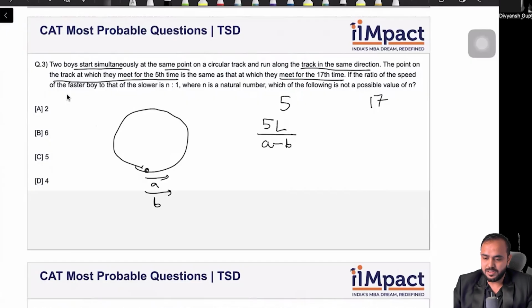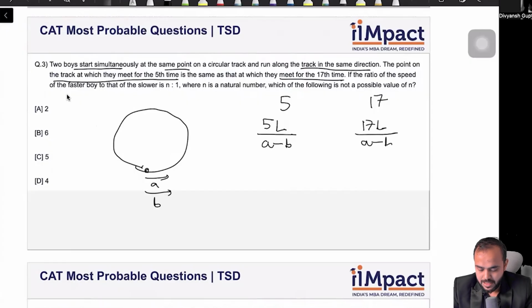So 5 times this period is going to be the meeting time for the fifth meeting point, and 17L by A minus B will be the time taken to get to the 17th meeting period.